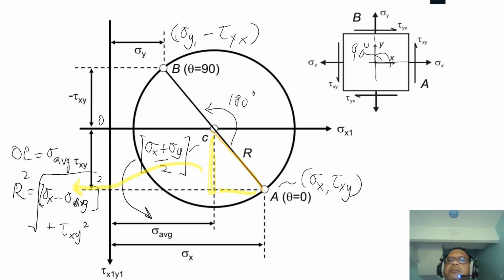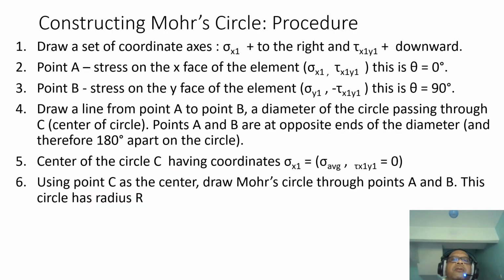So how do we then have a formal procedure of constructing the Mohr circle? The procedure is to draw a set of coordinates of normal stress and tau. You draw a coordinate axis system.